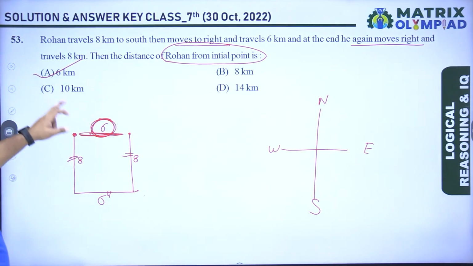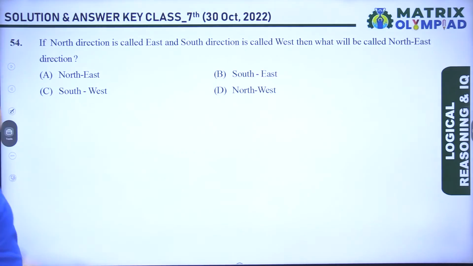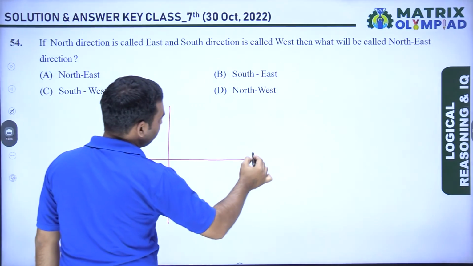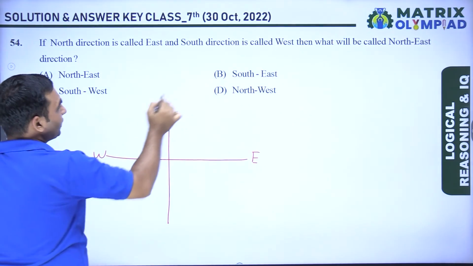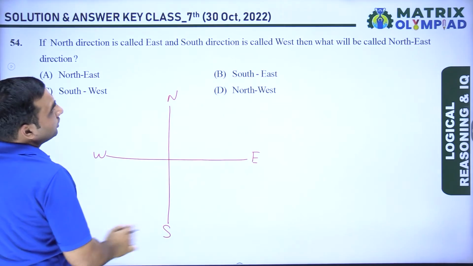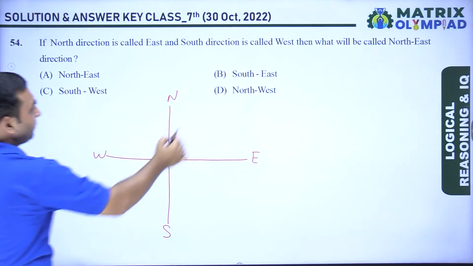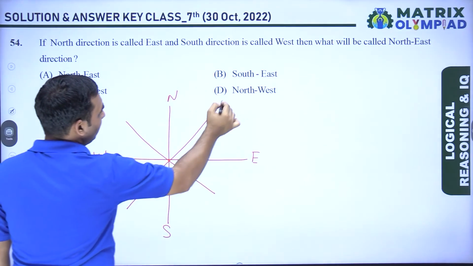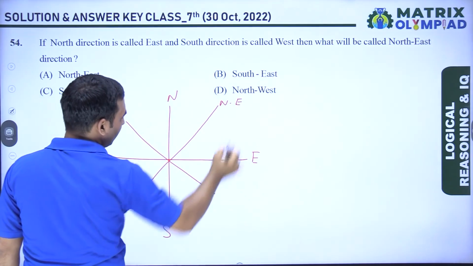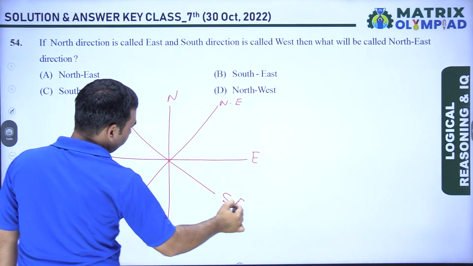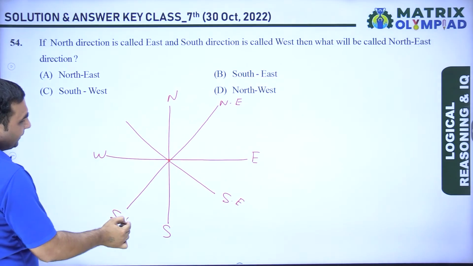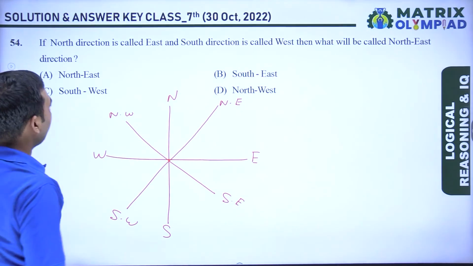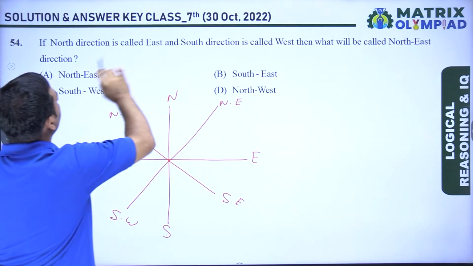Next question is, if north direction is called east, our directions are east, west, north, south. If we make sub directions, then this is called northeast, this is called southeast, this is called southwest and this is called northwest. As you see, north is called east.